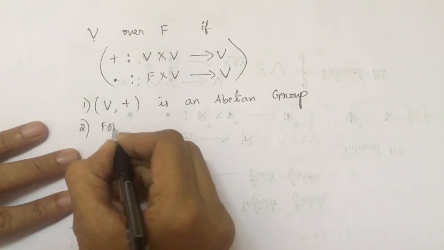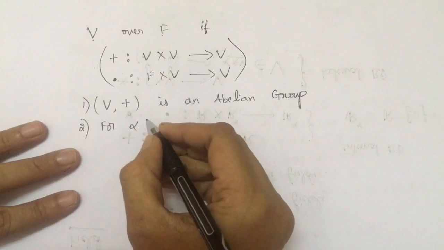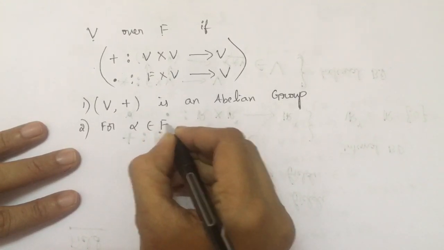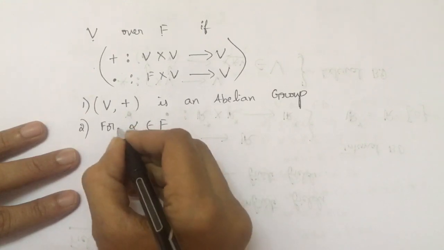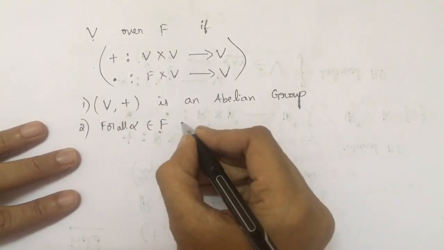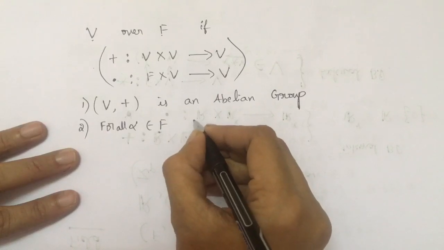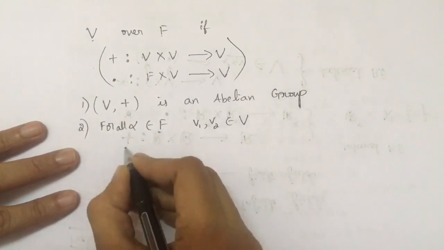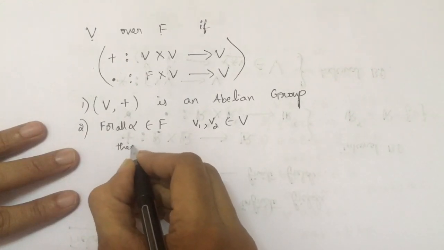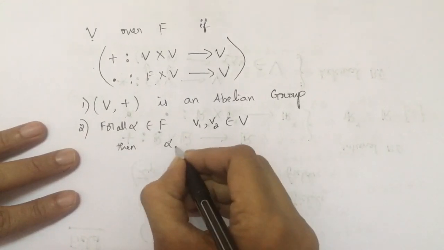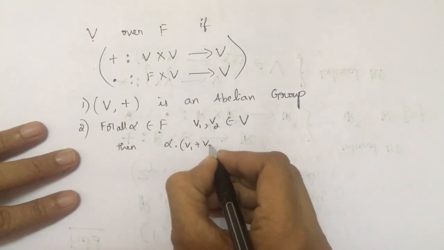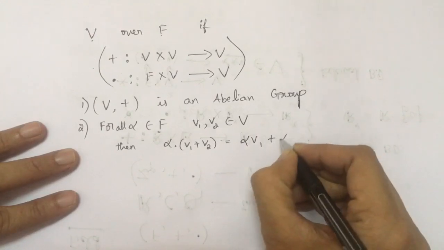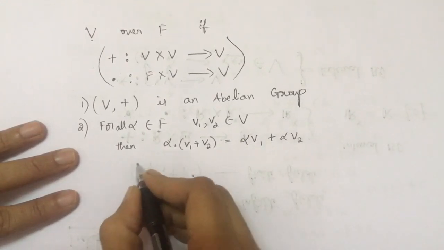For all alpha belongs to F and V1, V2 belongs to V, alpha dot (V1 plus V2) is nothing but alpha V1 plus alpha V2.